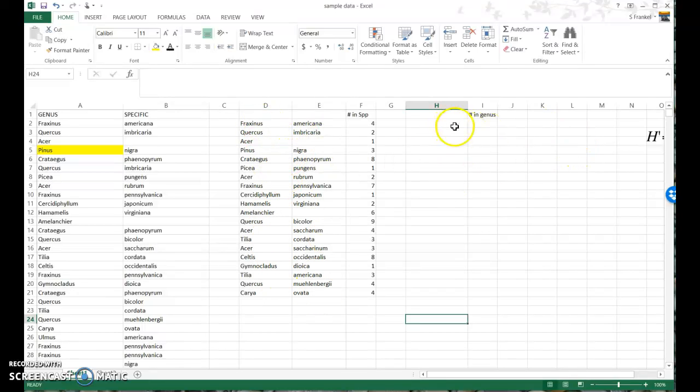So now what we can do is go over and look at the total number that we have in the genus. So I can start out with Fraxinus and see how many I have. So I've got 4 here, 7 there, so that's 11. All right, so that's what I've got for the genus Fraxinus. I have 11 total of those. Next, I have Quercus.